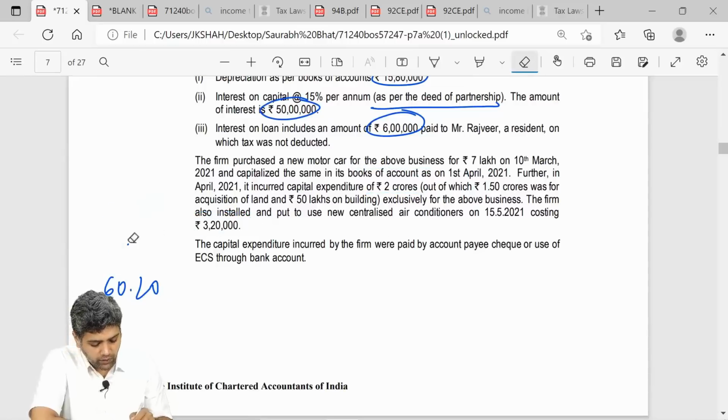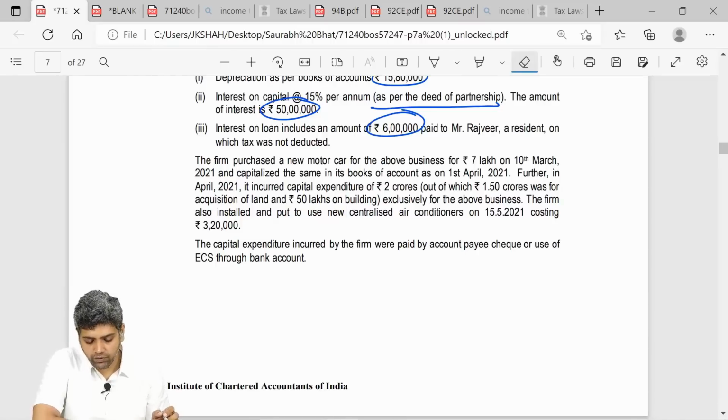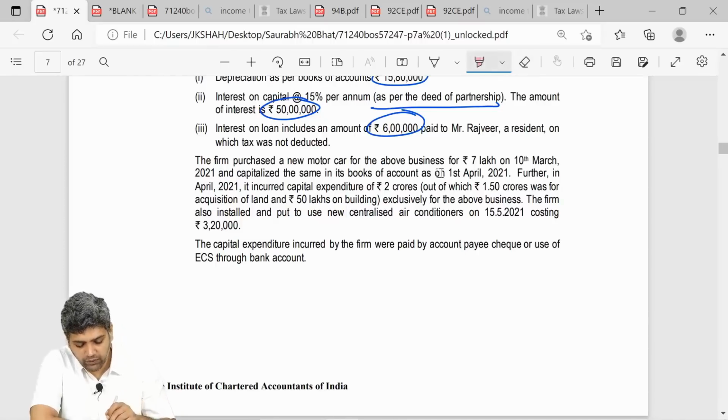If you look at the question, it says the firm purchased a new motor car for its business for 7 lakh rupees on 10th March 21 and capitalized it in its books on 1st April 21. So I presume it was put to use on 1st April 21.